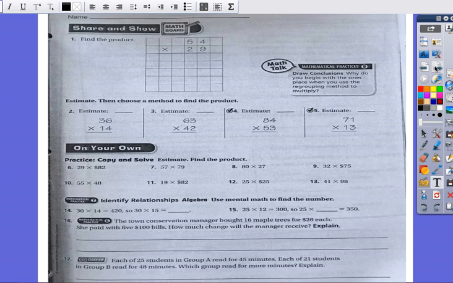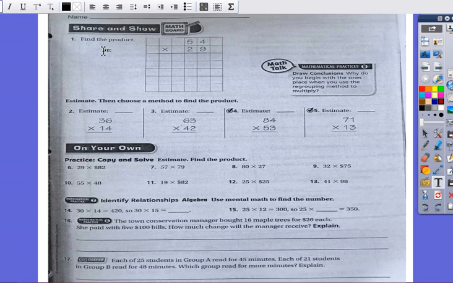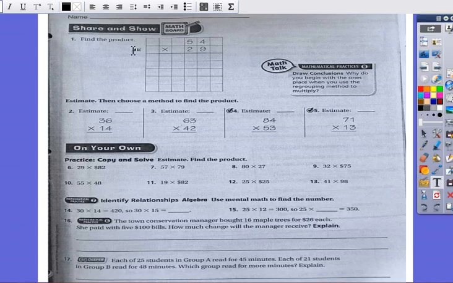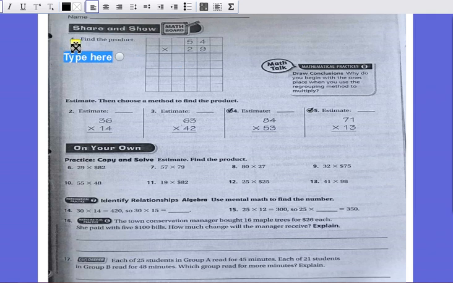Alright, so let's go to share and show. Find the product for this one right here. You can use any way that you want. Up to you. The first step I'm going to do is take 50 times 20, and that's going to be 1,000.